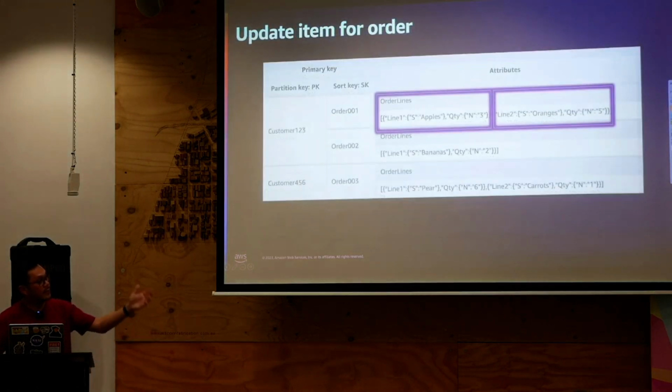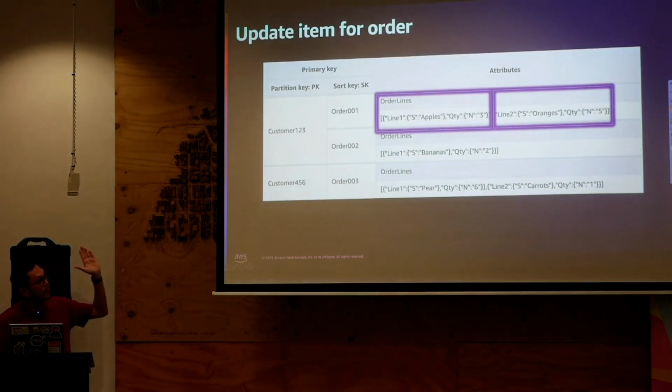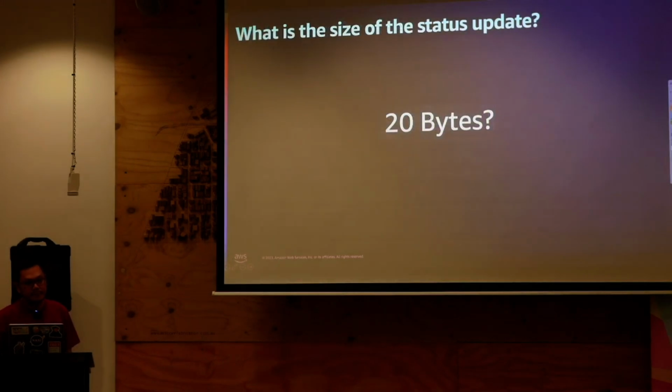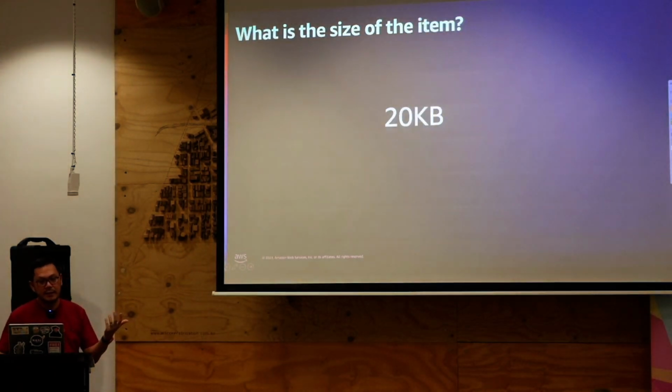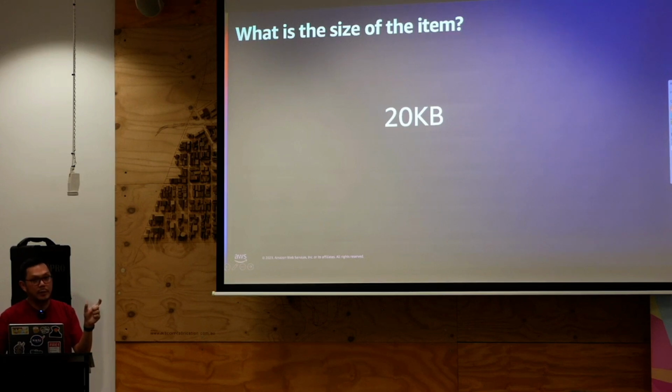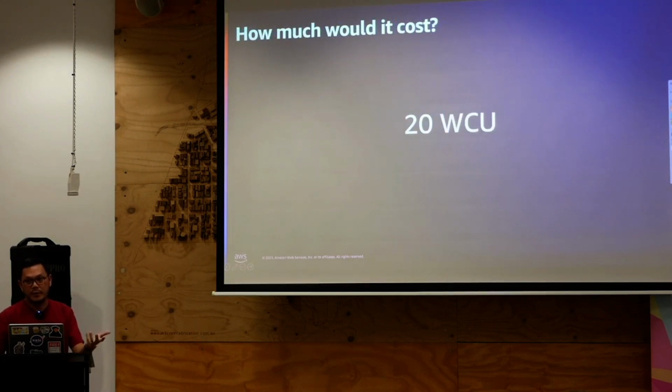So that's the one that I mentioned before. You store all of the order lines in one item. Whenever you do an update, even though it's only a small change, like the status for a particular order line, you will pay for the whole thing. So your status update may be 20 bytes, but if the item size is 20 kilobytes, you pay for 20 WCU.